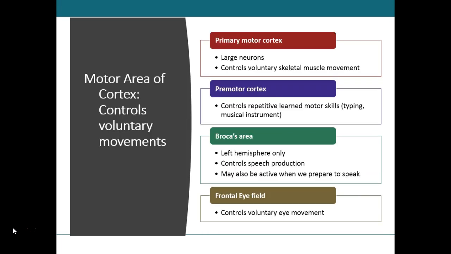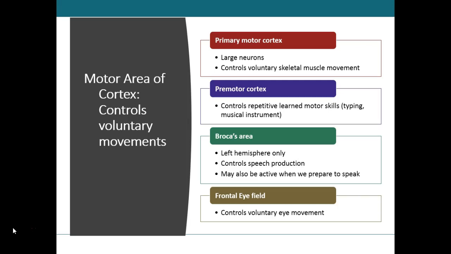Quite simply, the primary motor cortex is made up of large neurons that control voluntary skeletal movements, such as the contraction of the biceps brachii when you flex your arm. The premotor cortex is truly a motor association area.